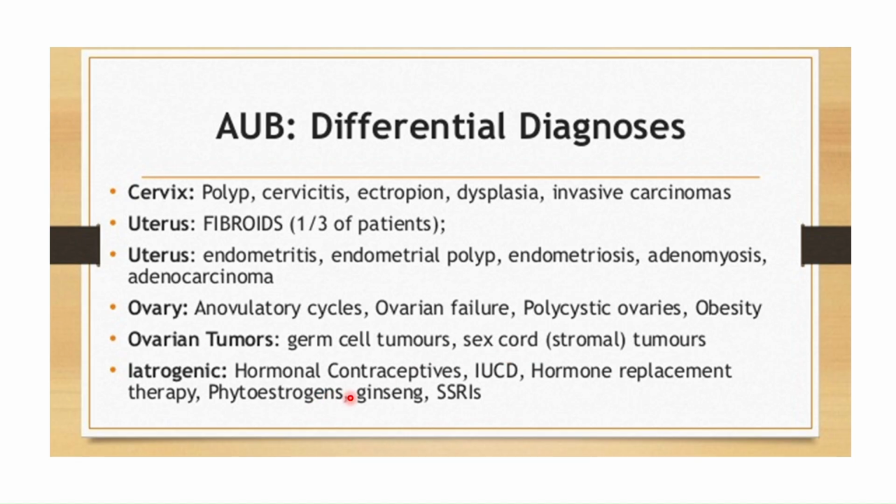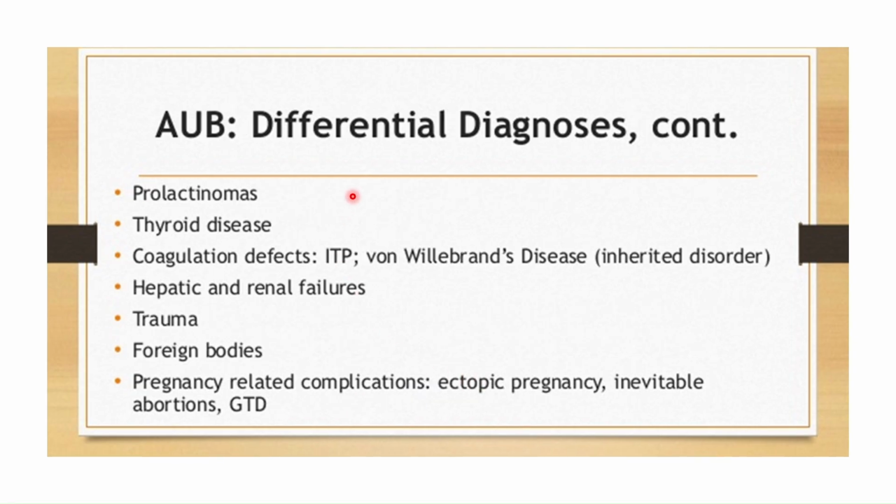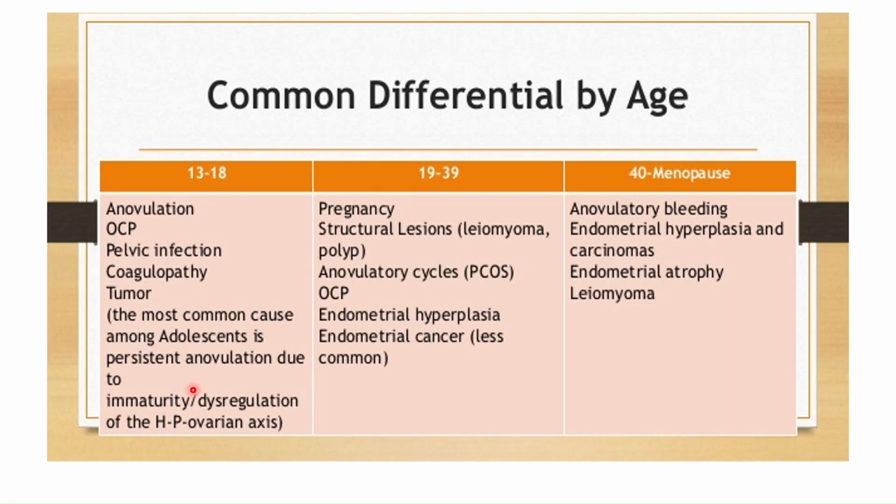Iatrogenic causes include hormonal contraceptives, IUCD, hormone replacement therapy, etc. Some prolactinomas, thyroid disease, coagulation defects include ITP, von Willebrand disease, hepatic and renal failure, and pregnancy-related complications.